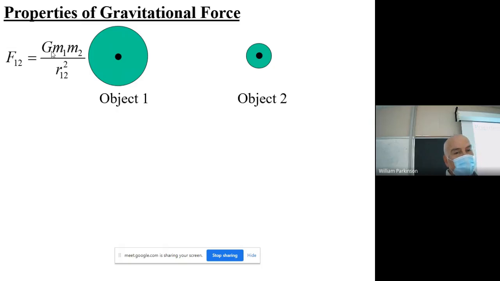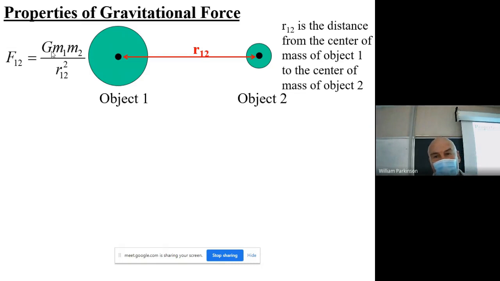Now, here's just a cartoon showing, suppose I have two objects, object 1 and object 2, and I measure the distance between them. That will be this R12. And what we call this is a radial distance. It's the straight line between the two objects. So I will measure R as the straight line from one to the other. So it doesn't matter if I move object 2 circularly around object 1.